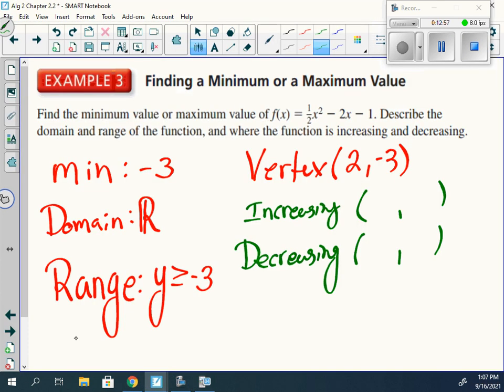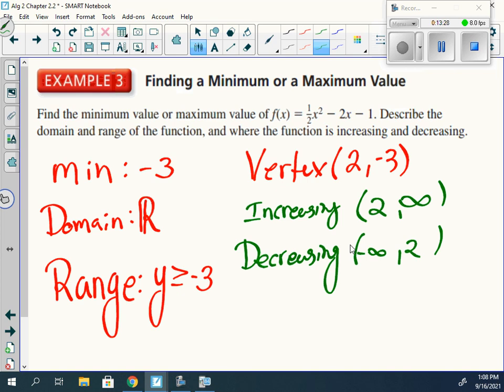So it's decreasing from -infinity to 2, and it's increasing from 2 to infinity. Now, according to the book, they're just going to say that to the left of 2, it is decreasing. To the right of 2, it's increasing from that point, the x value, which would work for this here.